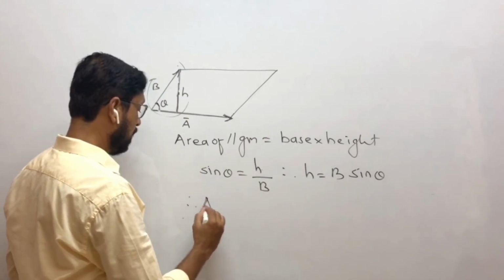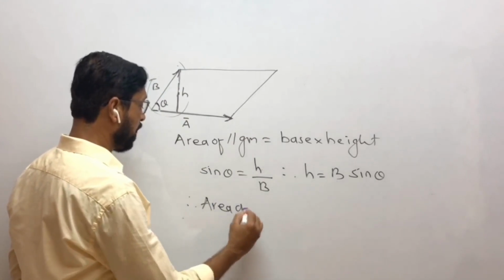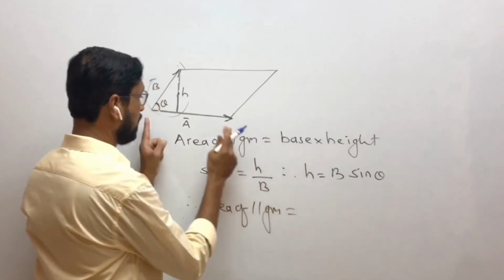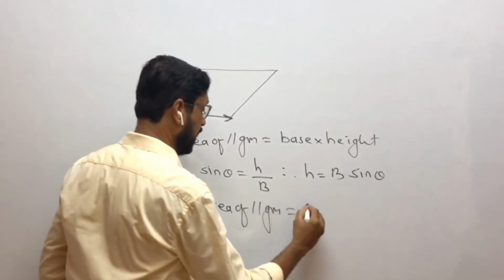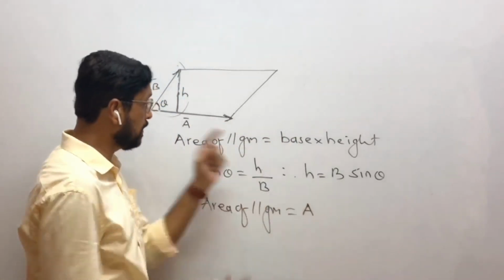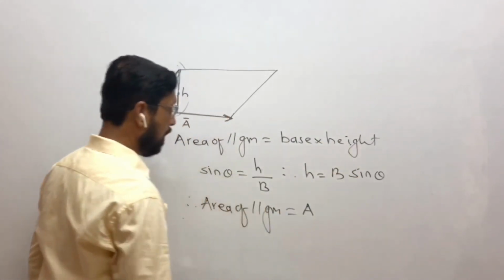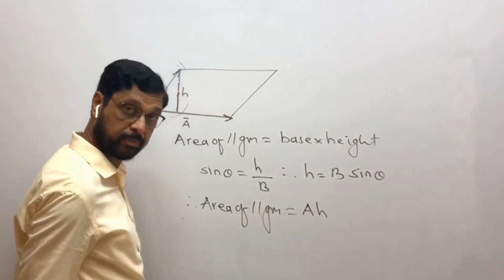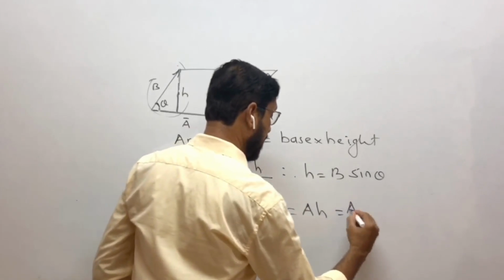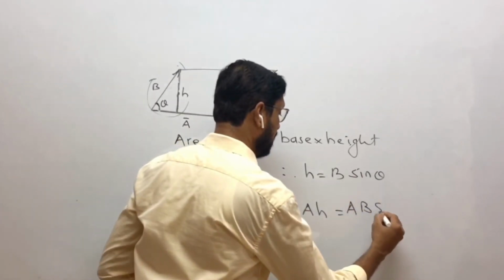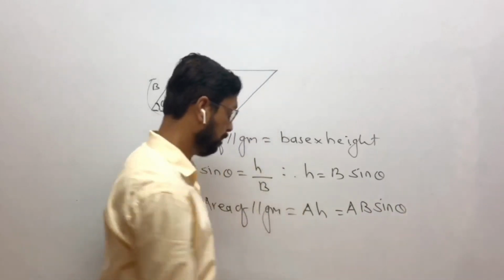Therefore, area of parallelogram will be equal to base, which is magnitude of vector A, into height. Height is h, so instead of h we can write B sin theta.